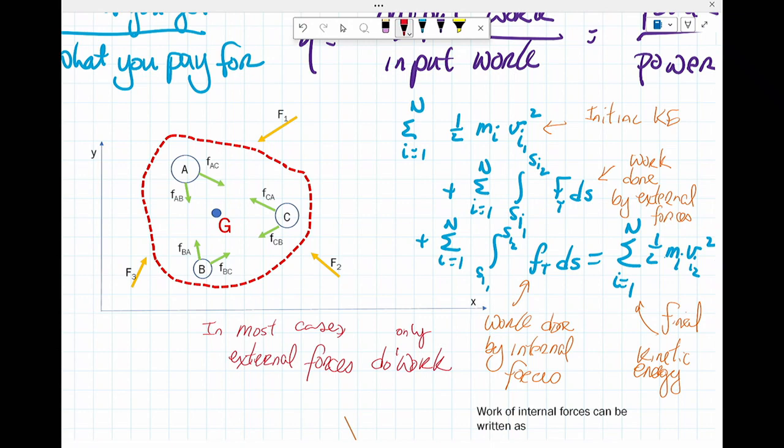But sometimes, if you have relative motion between 2 particles, then you can have internal force work.